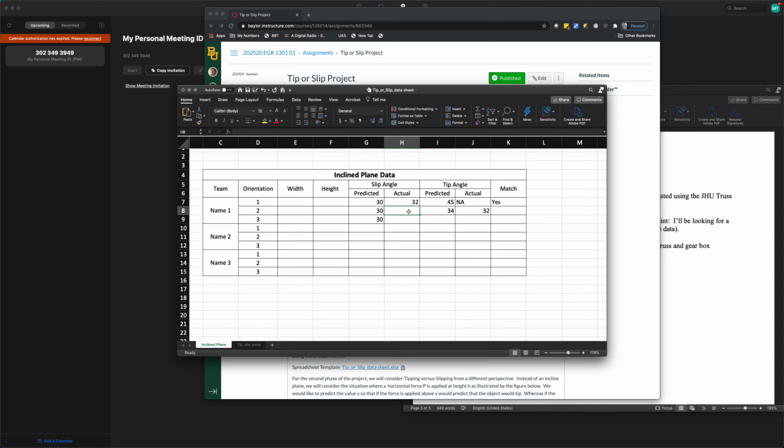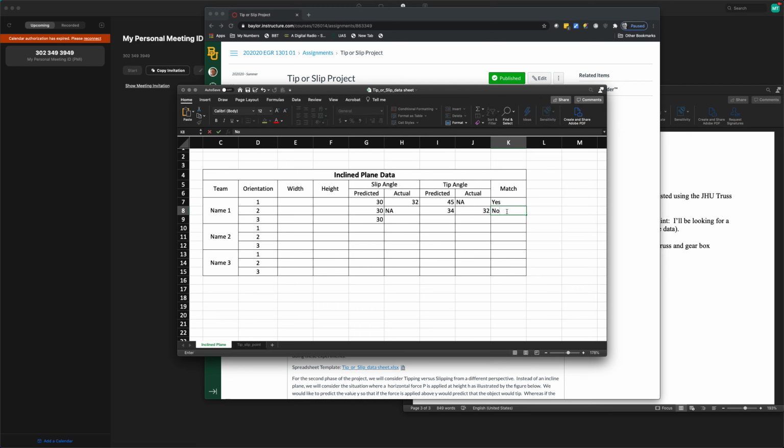Okay, you can't record a slip angle because it didn't slip, it tipped. And so in this case, we would have predicted a slip because this angle is smaller than this angle. But what we actually got is a tip. We record the data there, and this is not applicable because it tipped before it slipped. So in this case, there would not be a match.